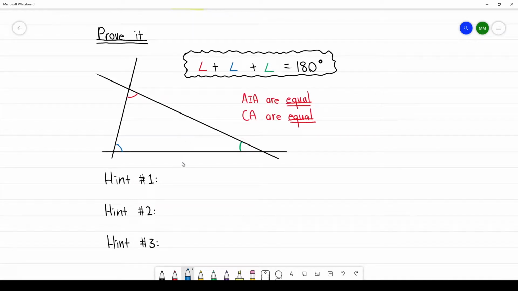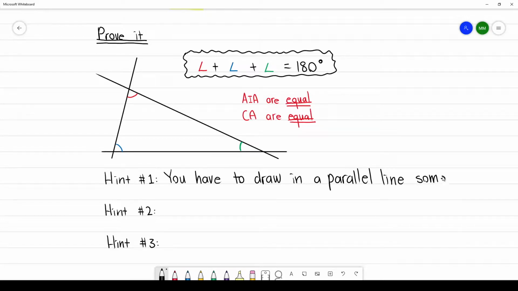Okay, I'll give you a first hint. So you have to draw in a line here.